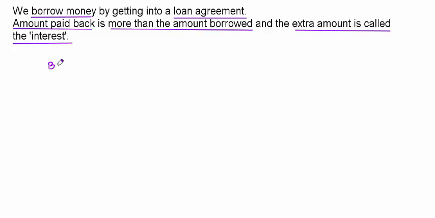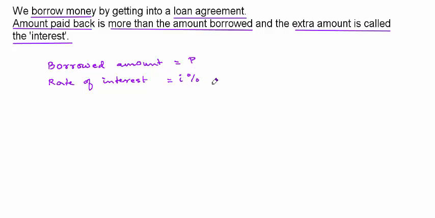Let's say the borrowed amount is P, and the rate of interest is equal to I% per annum. This means per year, the yearly rate of interest.